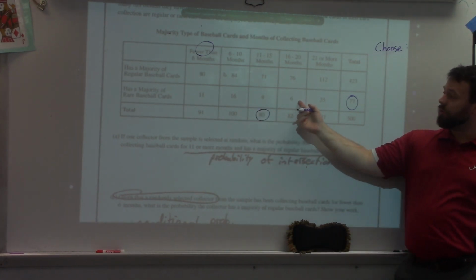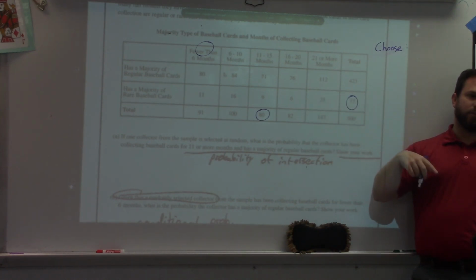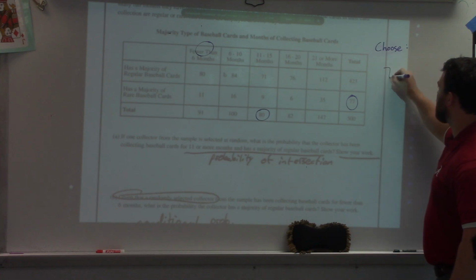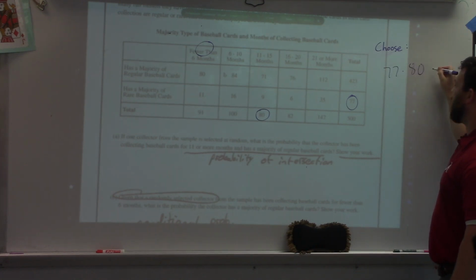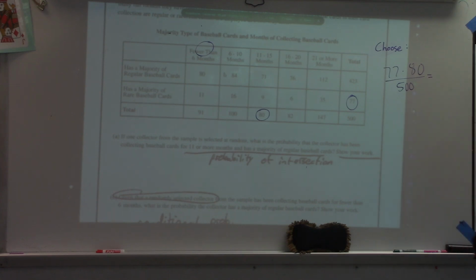Notice that's actually the lowest observed count. But remember, we don't care about the lowest observed count, we care about the lowest expected count. And so it's the row total, 77, times the column total, 80, divided by the total, 500, and whatever that expected value is.